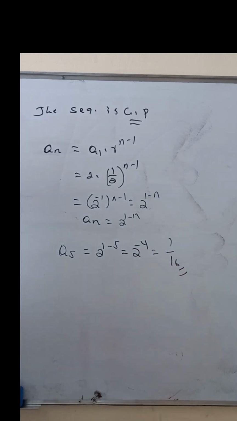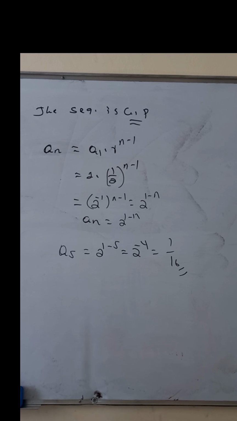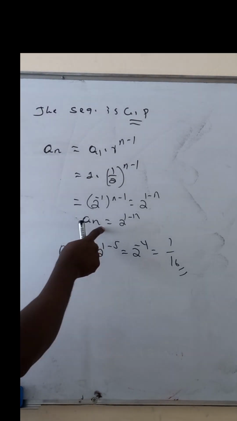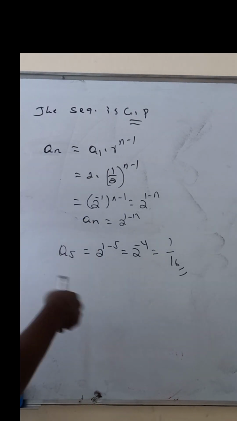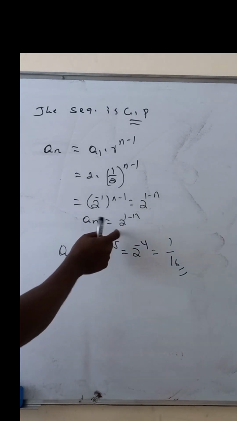The 5th term for this kind of sequence will be this one. So we can calculate the nth term generally, the hundredth, the thousandth, the millionth, any term for the sequence from the formula. Directly you can substitute the value of the 10th or the 5th term into the formula.